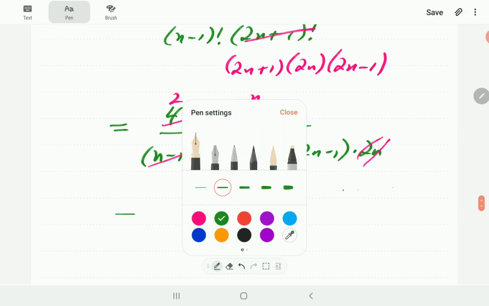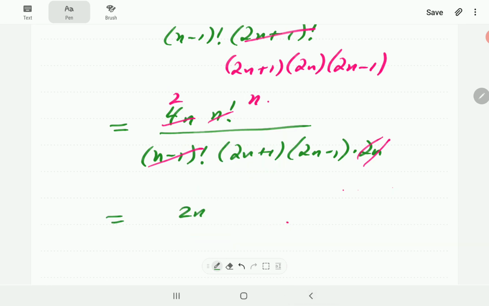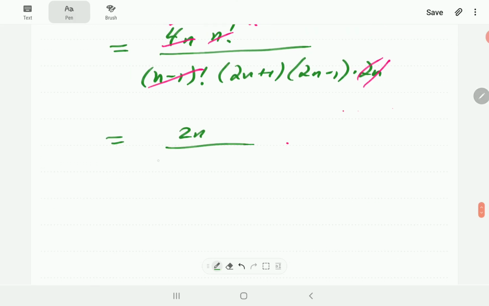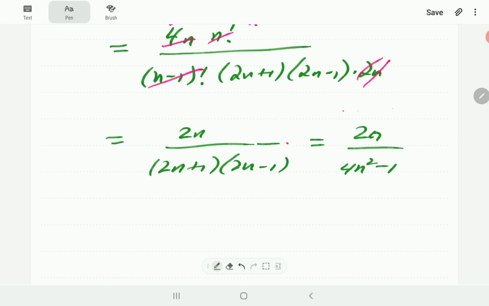I think we are almost there. So in the numerator, we're going to have 2n. In the denominator, we're going to have 2n plus 1 times 2n minus 1. So this now simplifies to 2n over 4n squared minus 1, which is the required result.